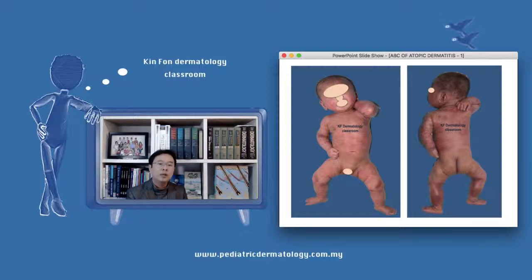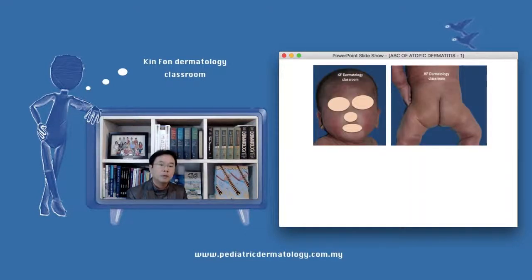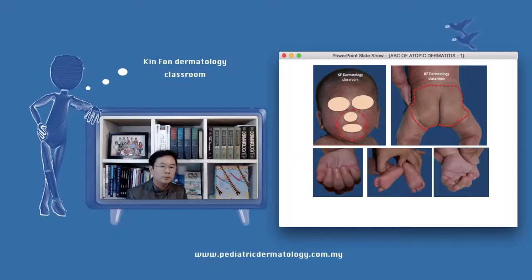This is a very classical example in which the eczema spares the perinasal, perioral, the nappy area, as well as areas with thick skin, which is the stratum corneum over the palmar plantar area.